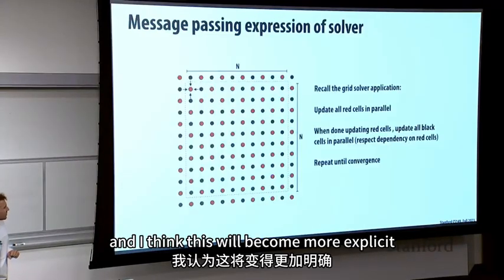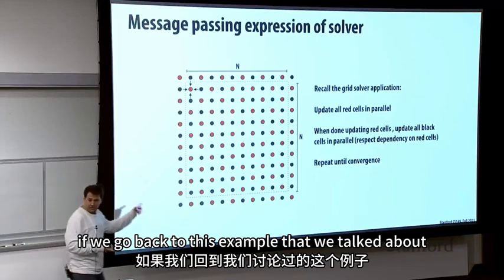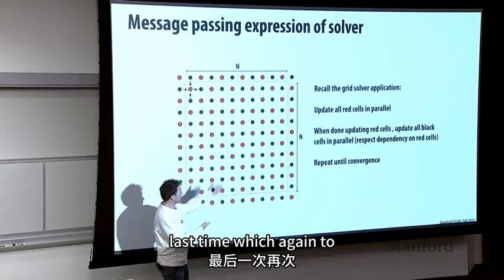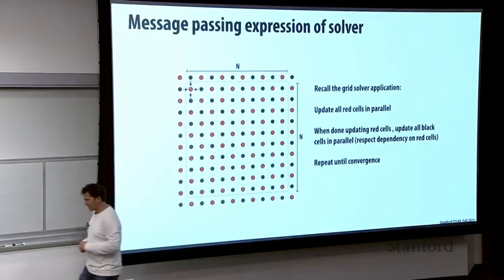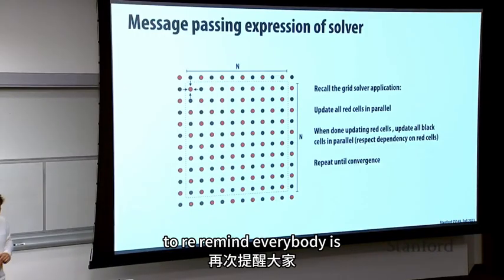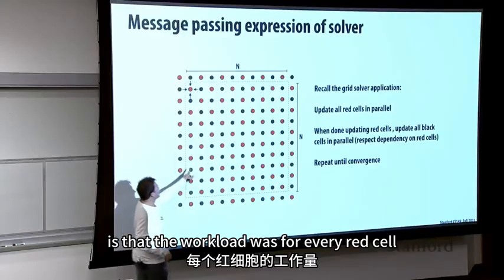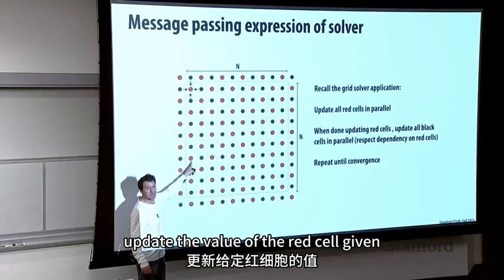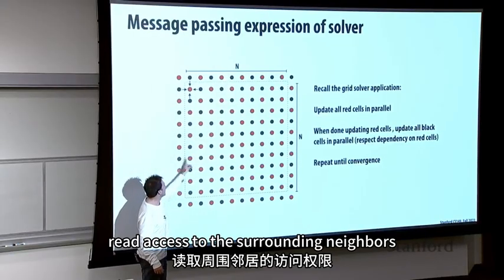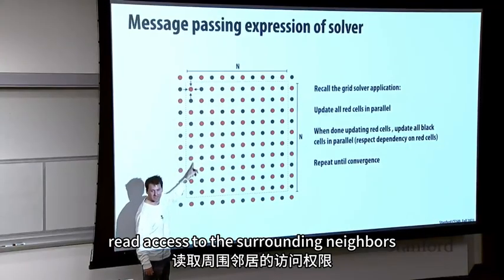And I think this will become more explicit if we go back to the example we talked about last time, which, to remind everybody, is: for every red cell, update the value of the red cell given read access to the surrounding neighbors.